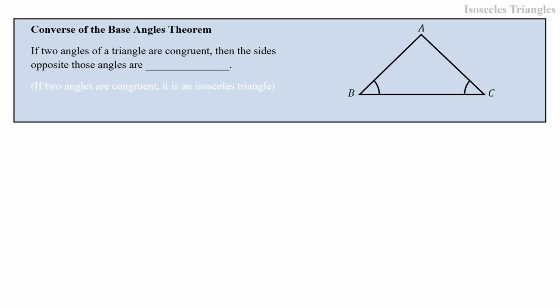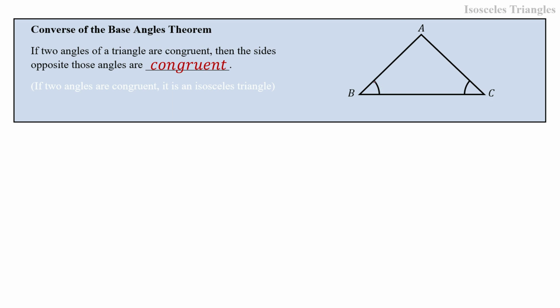The converse of the base angles theorem is basically the same thing, but vice versa. It's saying that if you have two angles of a triangle that are congruent, then the sides opposite those angles must also be congruent. For example, take B here: this angle is equal to angle C, and if two angles are congruent, then those opposite sides are going to be congruent.